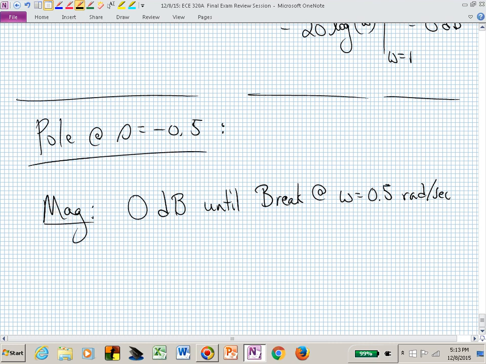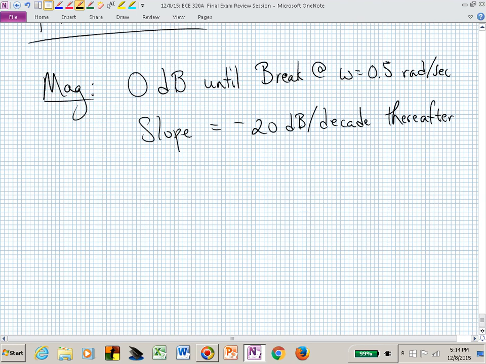After that, it's going to have a slope, and since it's a pole, that's downstairs, it's now sloping minus 20 dB per decade, and I'll just say thereafter, meaning after 0.5 radians per second. And if we simply had to sketch that, that's what it would look like.